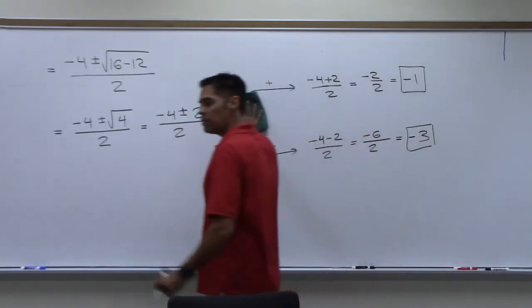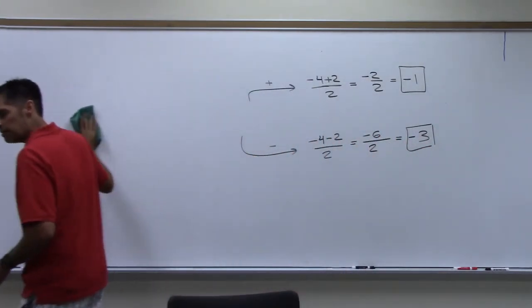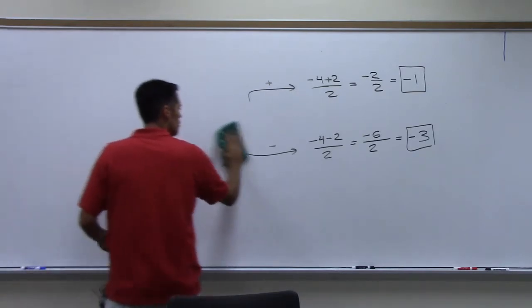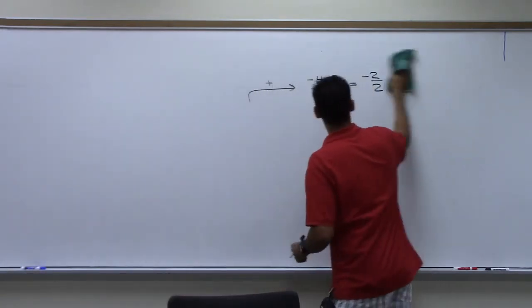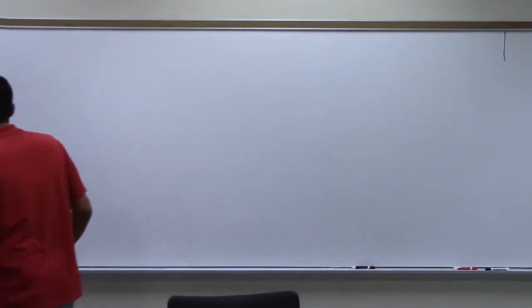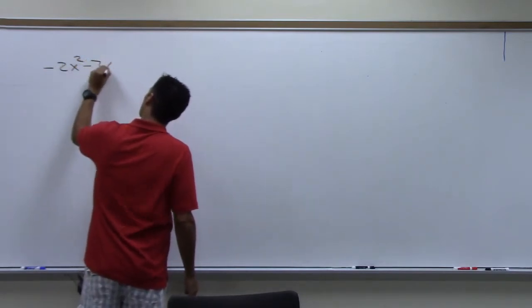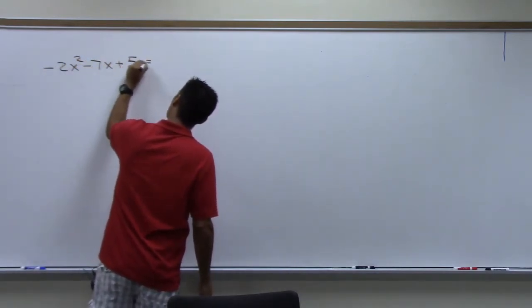All right, so let's do that homework problem that you had. Do you want to tell me which one that was or read it out to me? Do you have it? There was a homework problem out of one of the packets that you could not come up with the numbers for. It was negative 2x squared minus 7x plus 5. Here we go. This one right here.